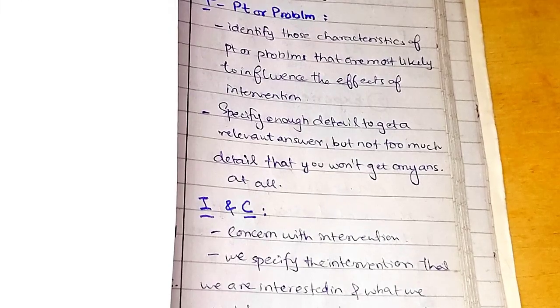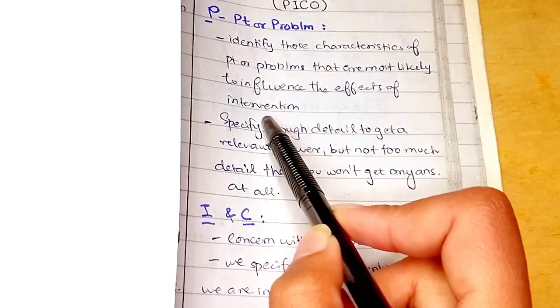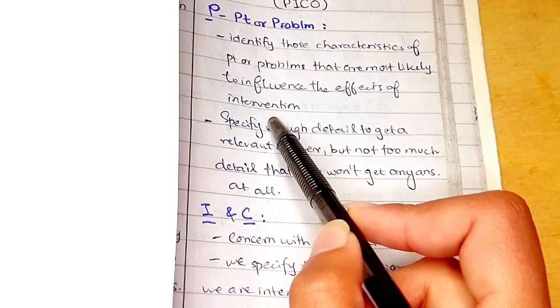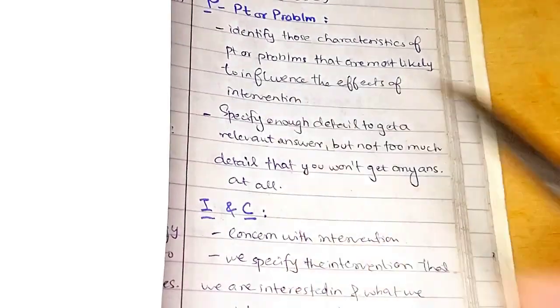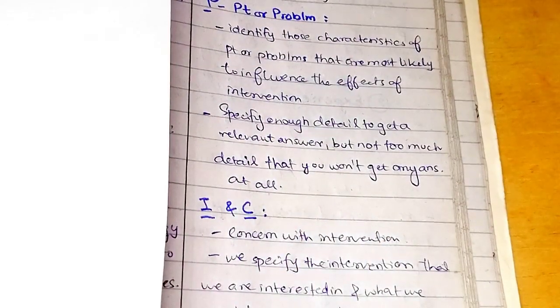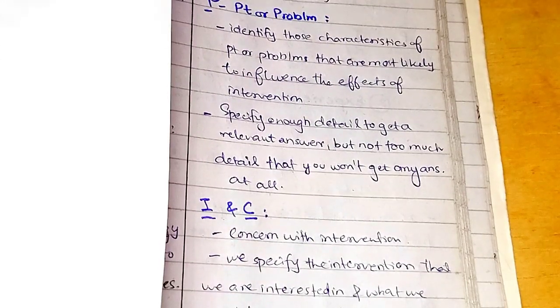Which characteristic do you think is most likely to influence the effect of intervention? Definitely it is being hypertensive. Being hypertensive is a major cause of heart problems, and if you control the patient's hypertension, it is going to save the person from worsening of the heart problems.